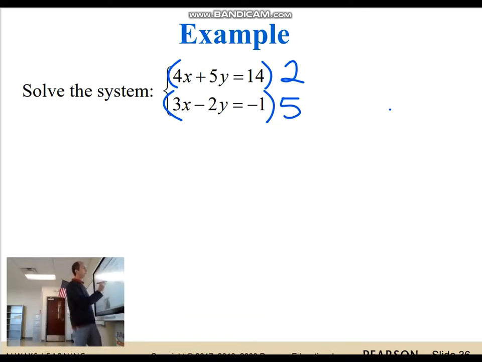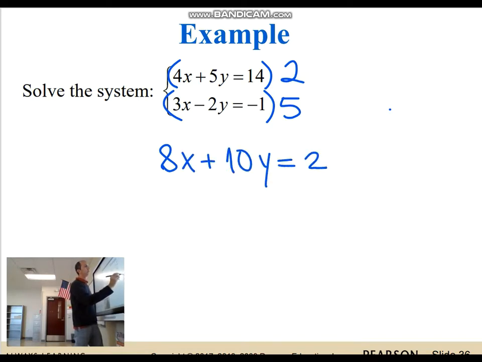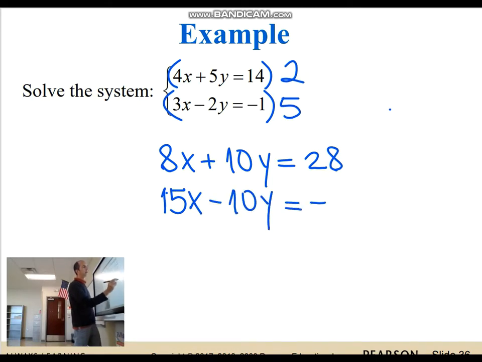Multiplying the first one by 2, we have 8x plus 10y equals 28. And multiplying the second one by 5, we have 15x minus 10y equals -5.